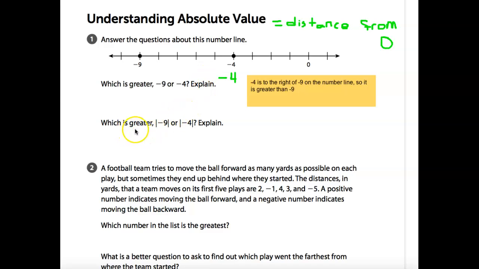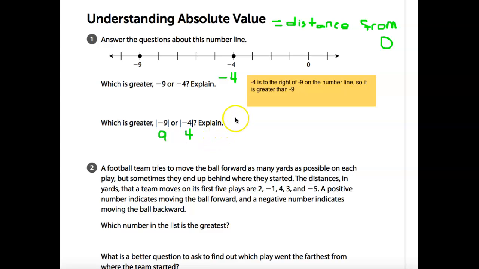So when we look at this, this meaning distance from 0, these bars, -9 is 9 spaces or 9 steps from 0. So the absolute value of -9 is 9, and the absolute value of -4, distance from 0, is 4. So which is greater there?